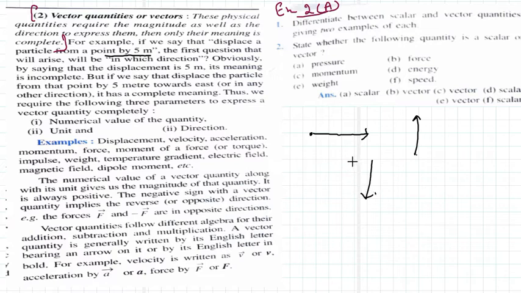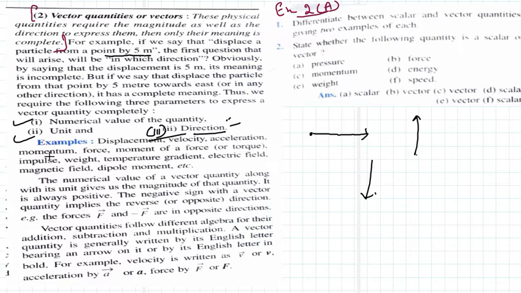West or east direction. So vector quantities require not only magnitude but also direction. To express a vector quantity we need the numerical value of the quantity, its unit, and third, direction. The third, direction, is a must here.